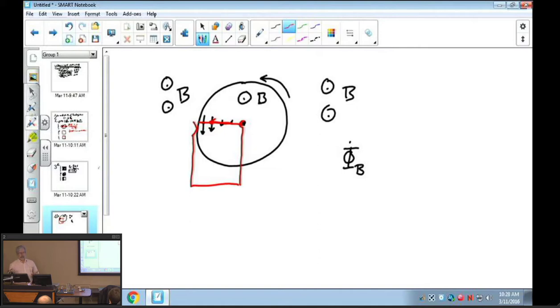But again, it looks like there shouldn't be any current. According to the naive use of Faraday's Law, there shouldn't be any. And the homework problem is to demonstrate how Faraday's Law actually works. You just have to be really careful about how you use Faraday's Law. So this is a second reason for not relying solely on Faraday's Law, because it gets really tricky in some situations to make it work.